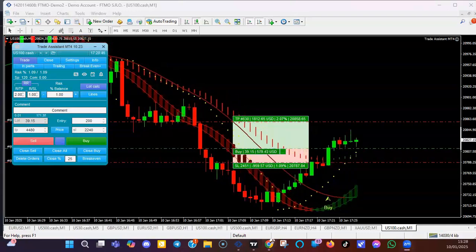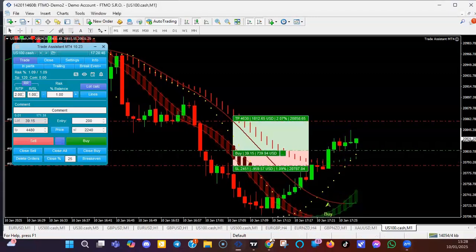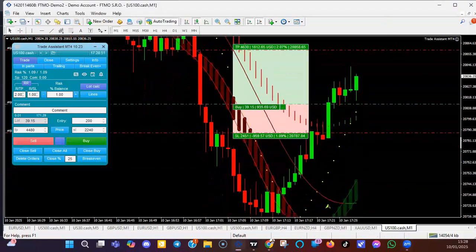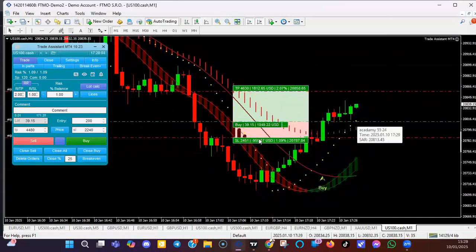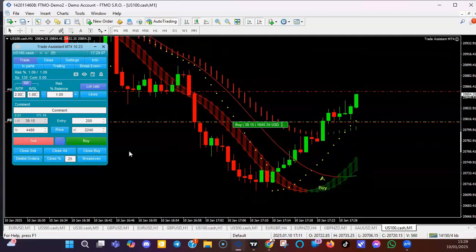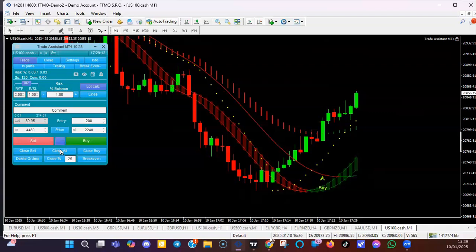You can see it's going up nicely. Just make it a little bit bigger. Now, I think I'm going to put my stop loss to my entry. And as you can see, we've only got a little bit more ready to go, and 2% is mine.